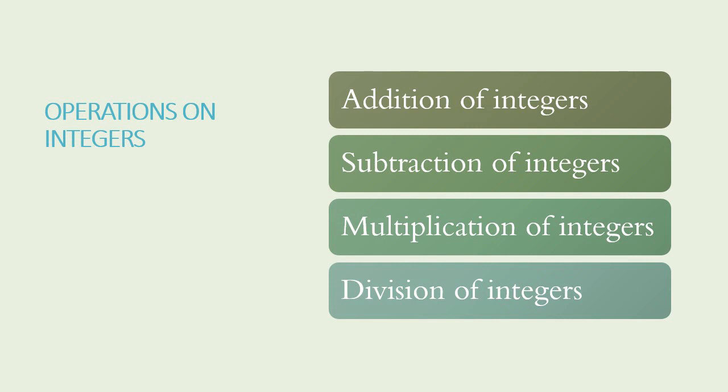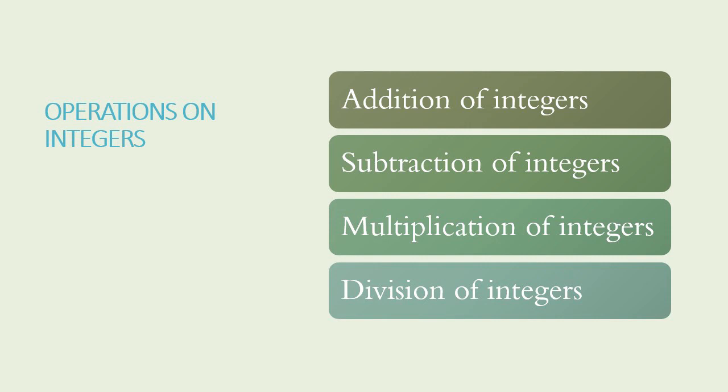Now comes the very basic thing, the most important thing, that is operations on integers. What are the basic operations? The four very basic operations: addition, subtraction, multiplication, and division.